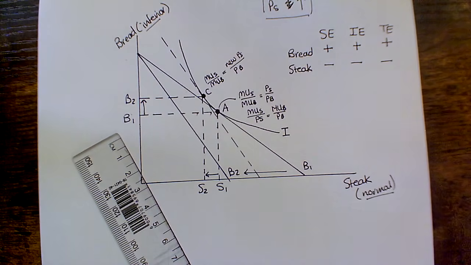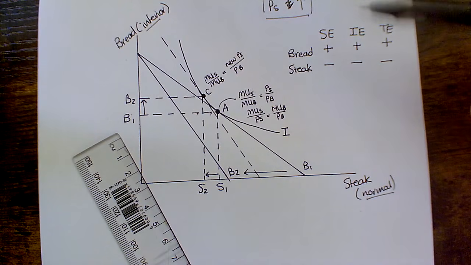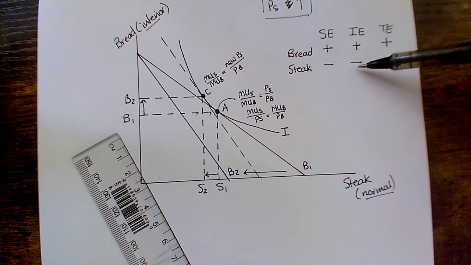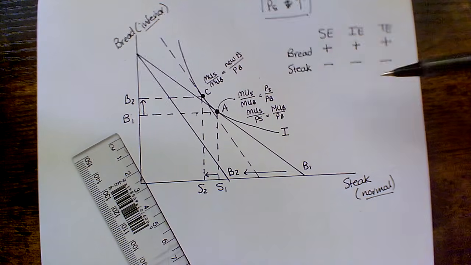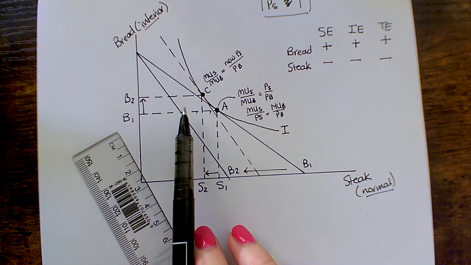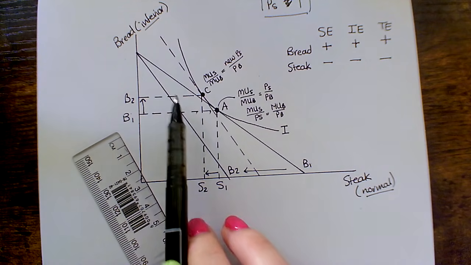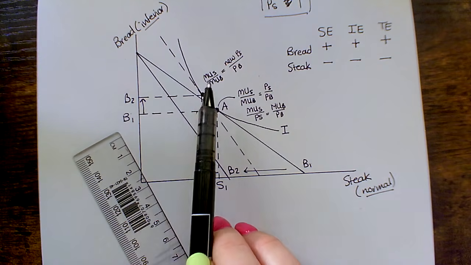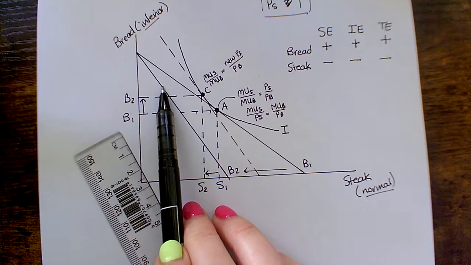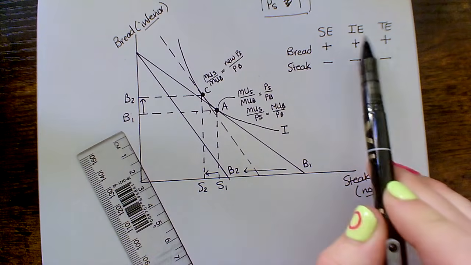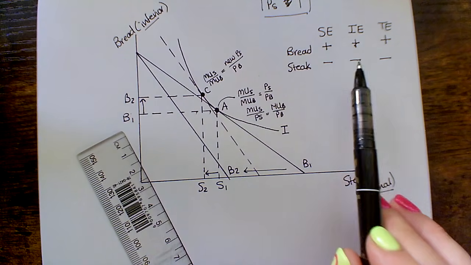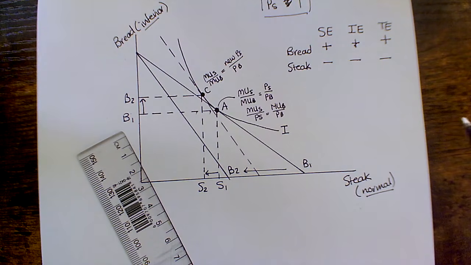So the income effects, using the reasoning we've just used, need to be in this direction for the two products. So wherever I draw my new best affordable bundle, so wherever I draw that final movement to my new best choice, has to reflect a positive income effect for bread and a negative income effect for steak.